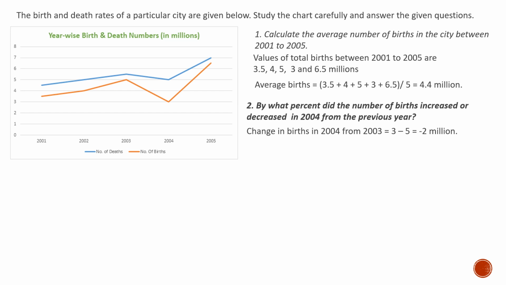So the change is 3 minus 5, that is minus 2. The negative value represents that the number of births decreased. To find the percentage, divide 2 by 5, multiply by 100. So 40%. That means a 40% decrease in the number of births in 2014 compared to 2013.